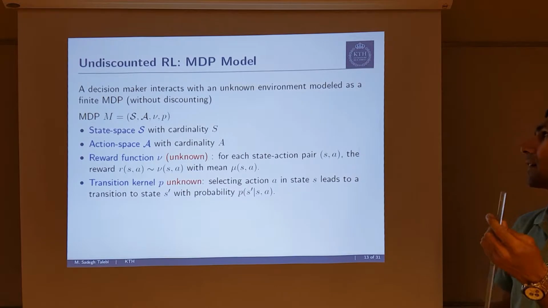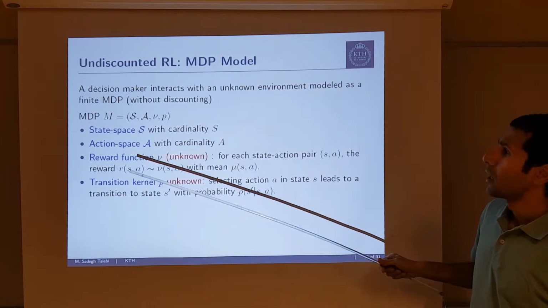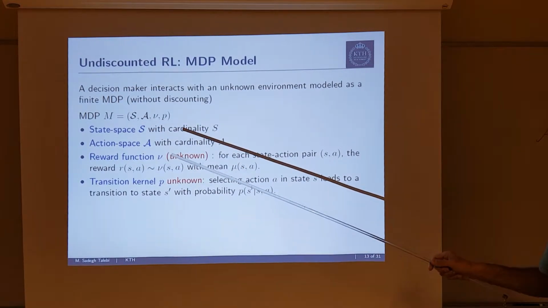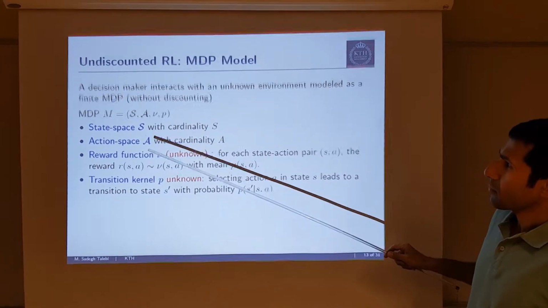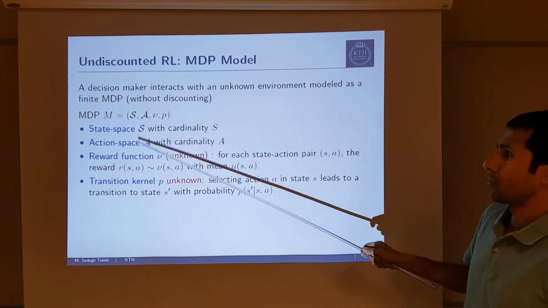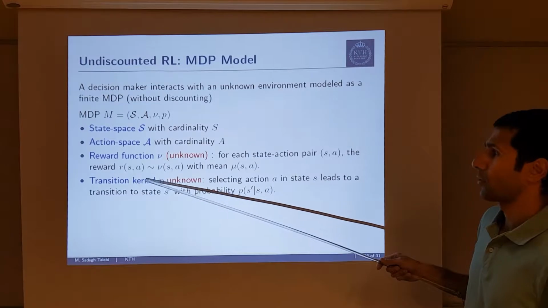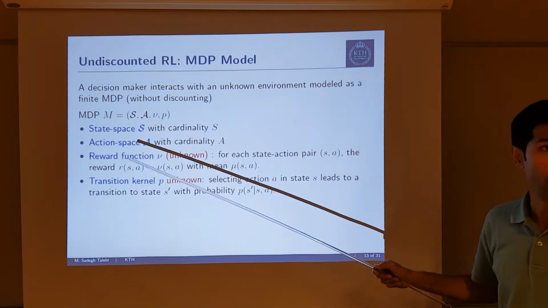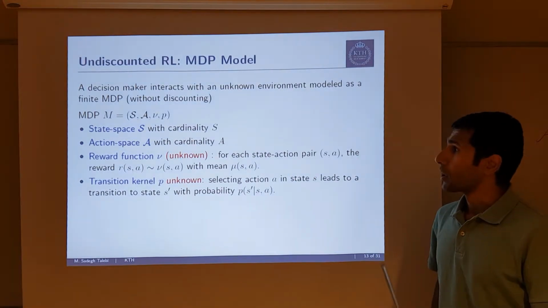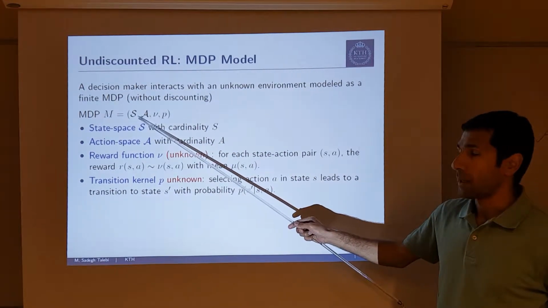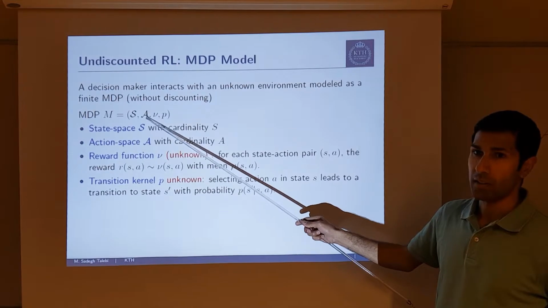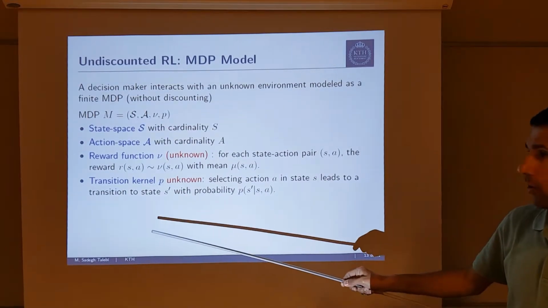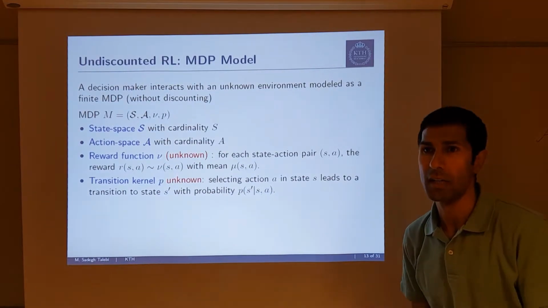Let me introduce this terminology here because it's going to be useful. When you have a finite MDP, these are called the reward function and transition function. But when you have a continuous state space or a continuous action space, they are called kernels.